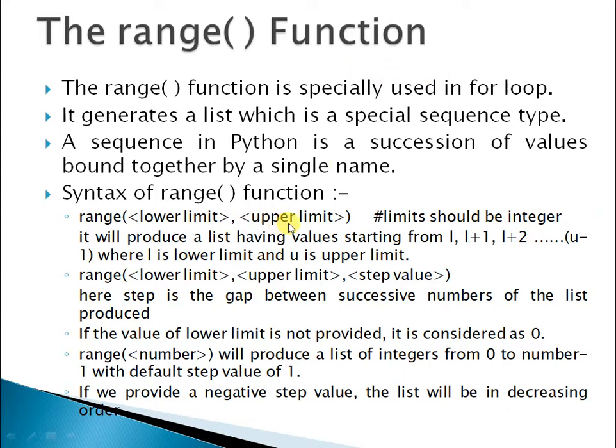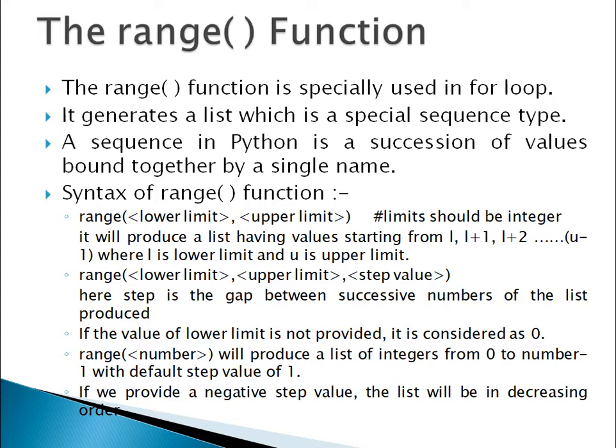That means the last number will be upper limit minus 1, one number less than the upper limit. Or you can say that the upper limit value is excluded. So you will start with the lower limit value and keep adding 1, 2, 3 like this, and go up to the upper limit minus 1. Clear?